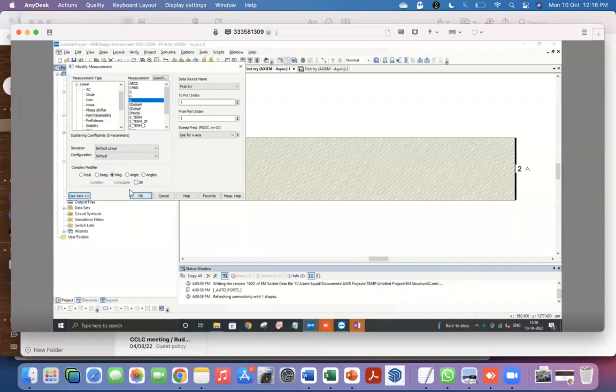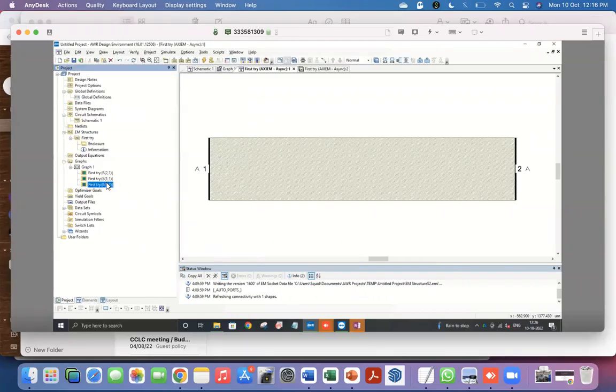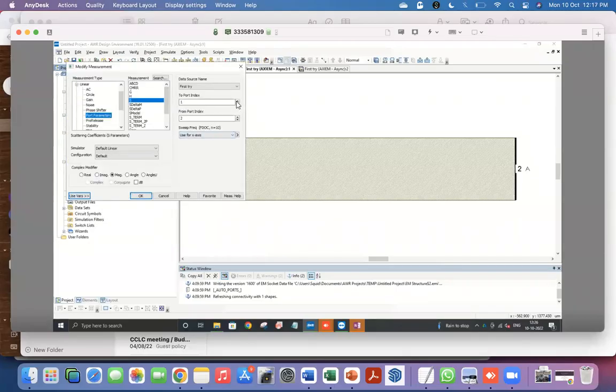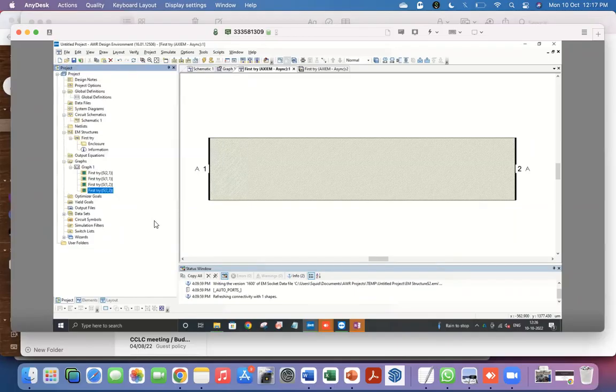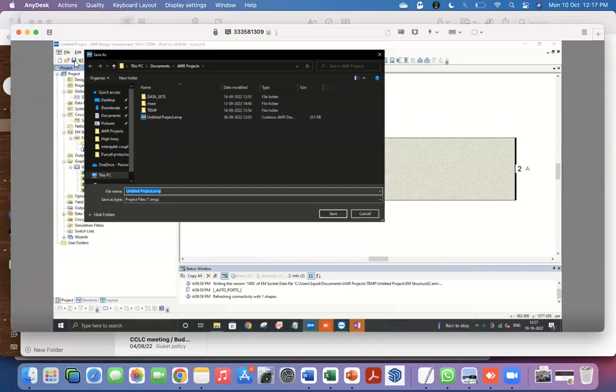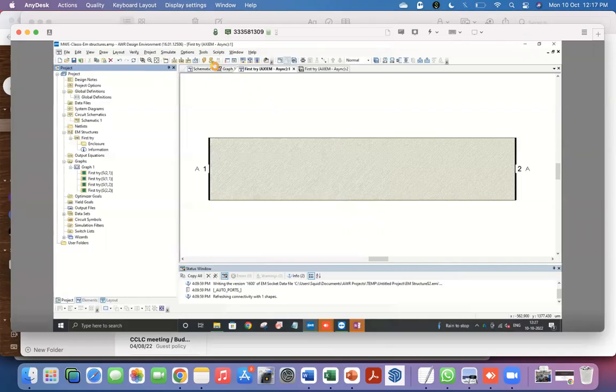That's fine. So this measures reflection at this end, reflection at that end, transmission from here to there, and so on. That's it. Now I can hit this analyze button.